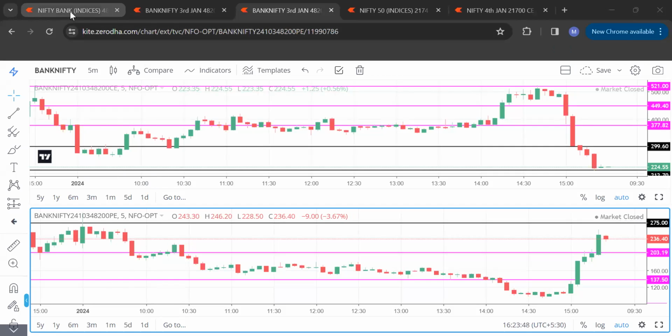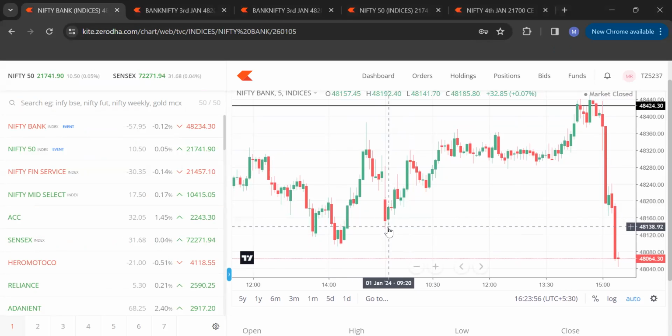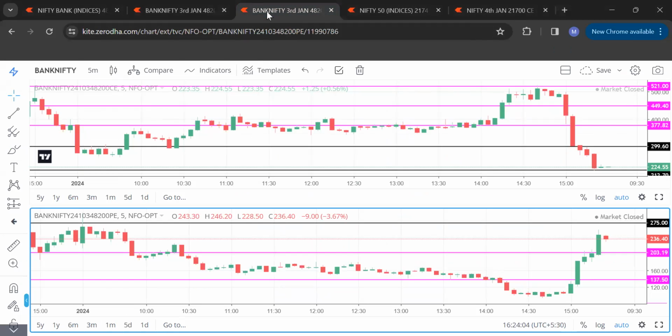Okay, so let's go to Bank Nifty, the first 5-minute candle. You could see the timing over here. See, 9:50. Open was 48,200. So the strikes that we considered is 48,200 call and 48,200 put.